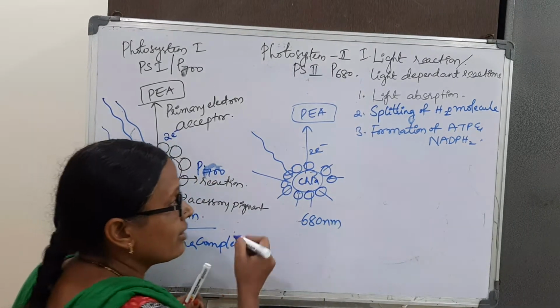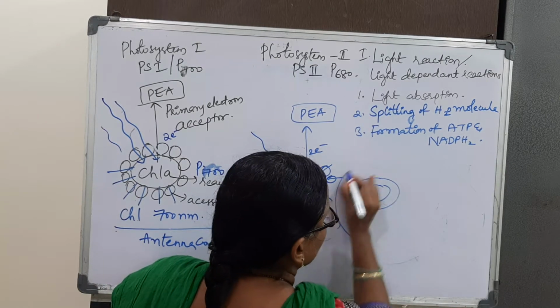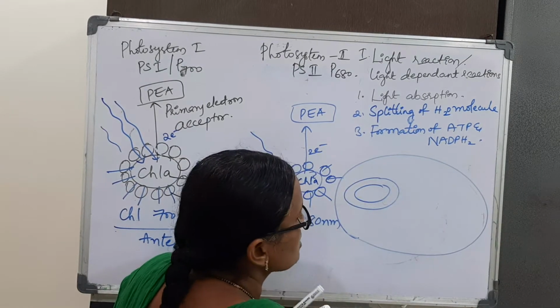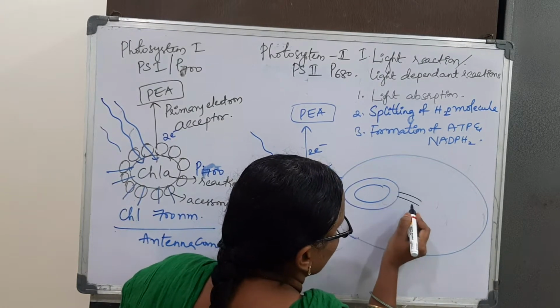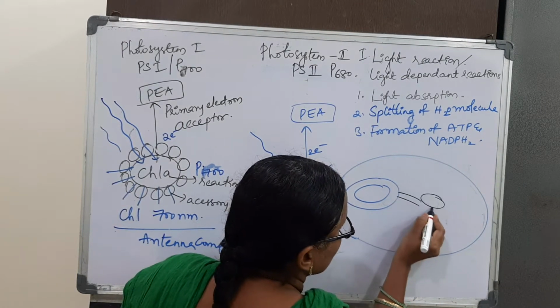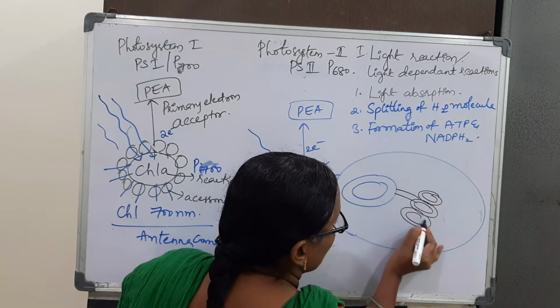So where are these systems present? This is the chloroplast. In the chloroplast, we take one thylakoid. Thylakoids are connected with the stroma lamellae.